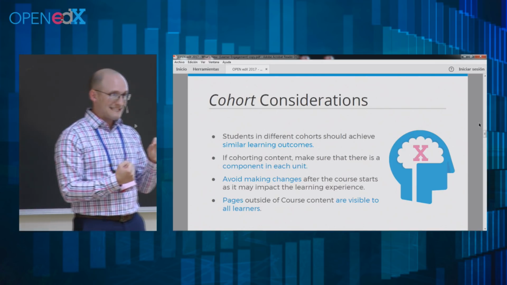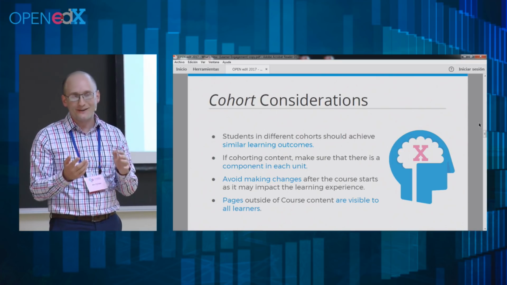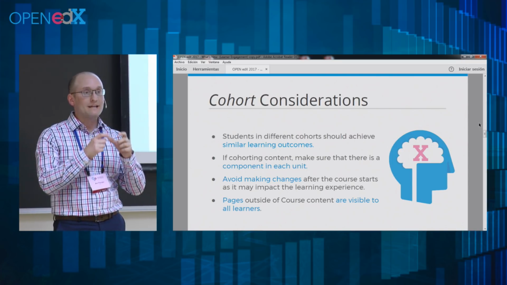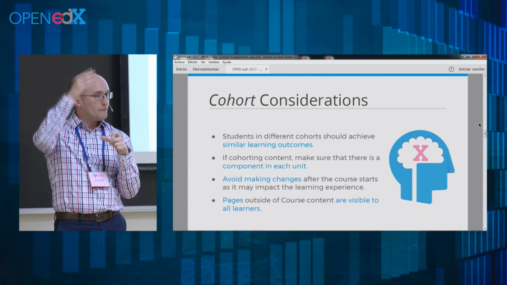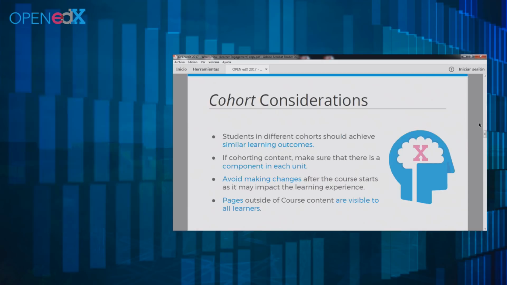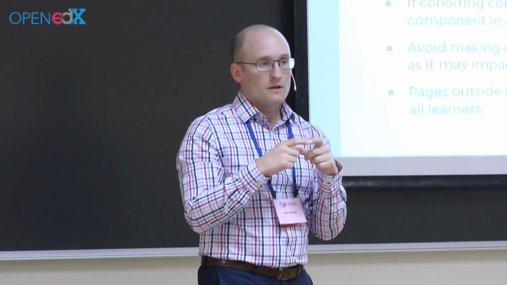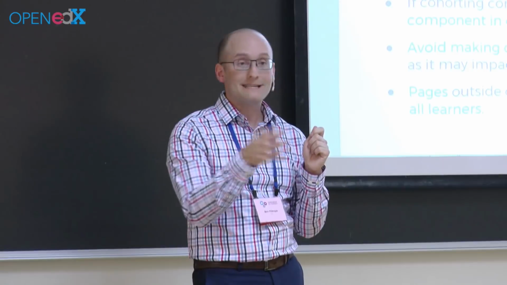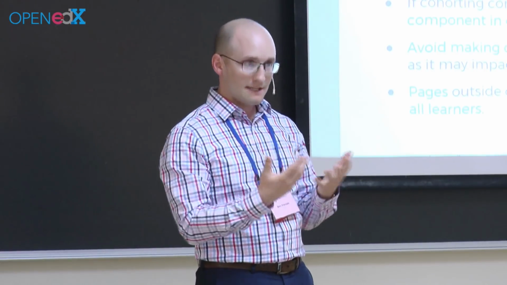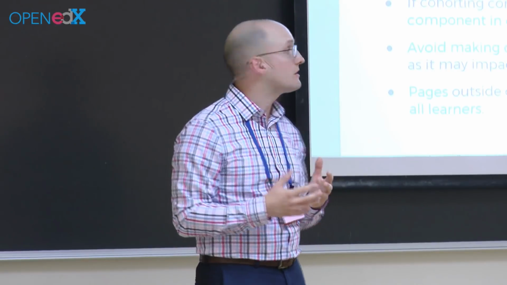Which is why one limitation, it could be considered a limitation or not, is that you can set visibility only at the component level. If you do set that, some learners might see nothing in its place. So you have to take into consideration what other learners are going to experience when you start using cohorts.